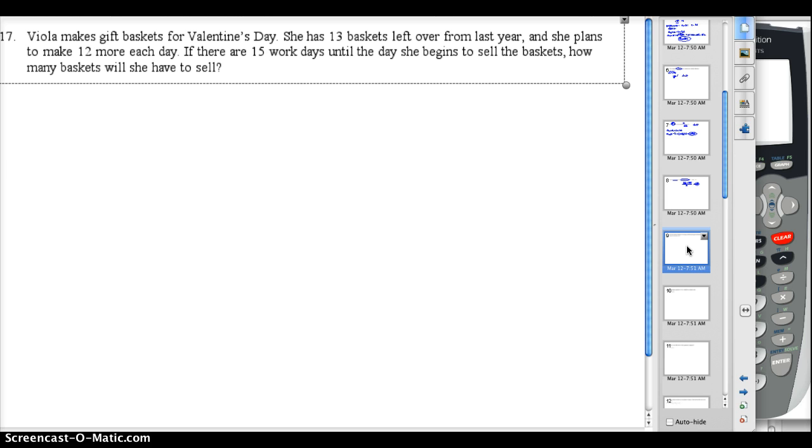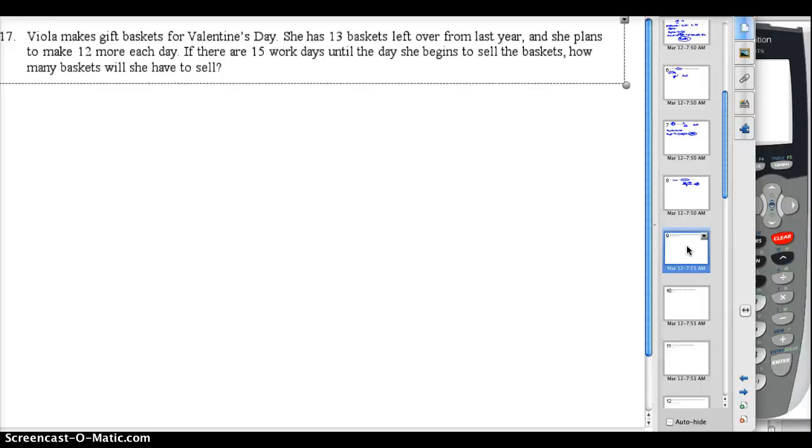Number 17. Viola makes gift baskets for Valentine's Day. She has 13 baskets left over from last year, and she plans to make 12 more each day. If there are 15 work days until the day she begins to sell baskets, how many baskets will she have to sell? Let's see.